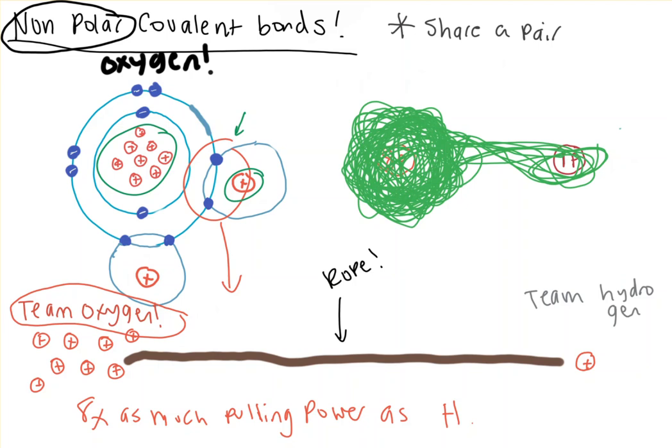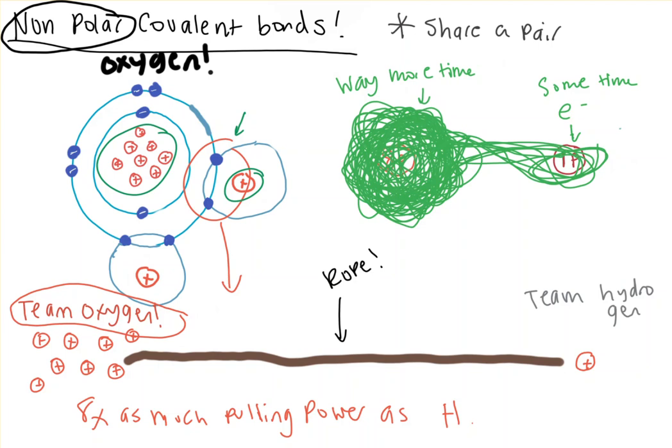Okay, I'm done rotating. So what you can see is the electron does spend some time over here. But it spends way more time over here. And that's because, remember, there are 8 protons over here attracting that electron, versus over here there's only 1.